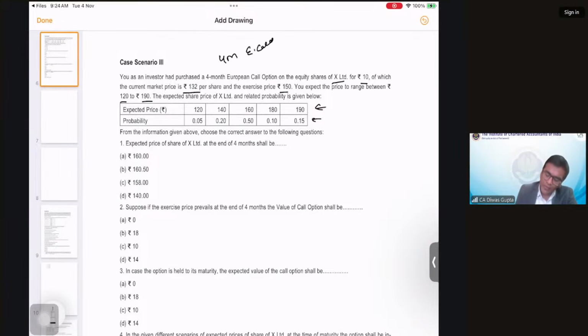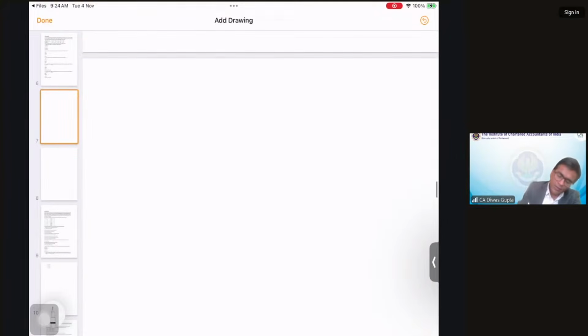The expected price of share of X Limited at the end of 4 months shall be. Now they're asking us to calculate the expected price, which is just the probability multiplied by price. Correct? So case study 3 for the first part, students. We will just take the probability and price, right?